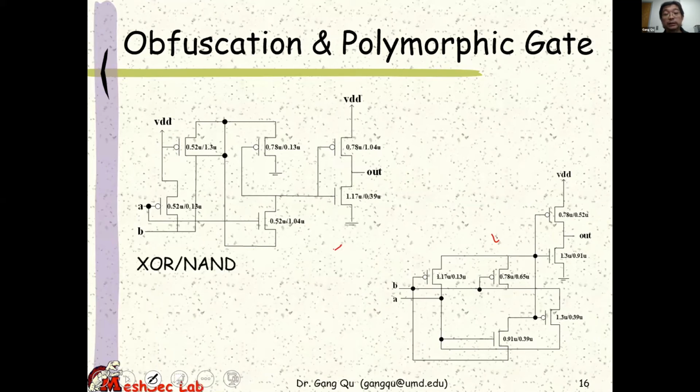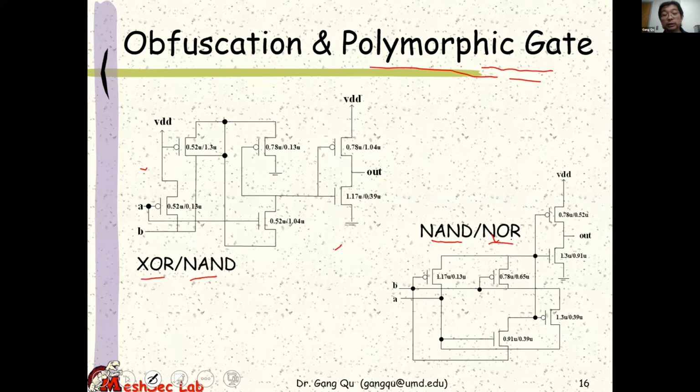And indeed, these are something we call polymorphic gates, which means that the gate will behave differently if you change the operating environment, for example, the temperature or the voltage. In this case, we change the voltage. With different voltage, this logical gate can be either an exclusive OR gate or a NAND gate. Similarly, this one can either be a NAND gate or a NOR gate.